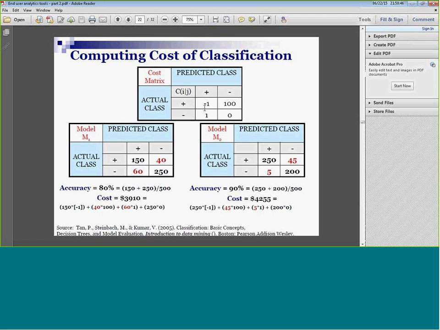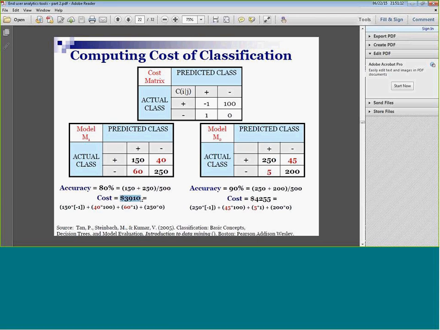But we had cost figures, didn't we? So let's see what this one's going to cost us. Remember, this 150 gets multiplied by -1, so that's good. 150 times -1. But this 40 gets multiplied by 100. That's bad. This 60 gets multiplied by 1. That's also slightly bad. And this 250 gets multiplied by 0 for a total cost of $3,910.